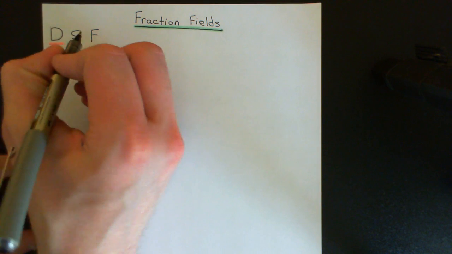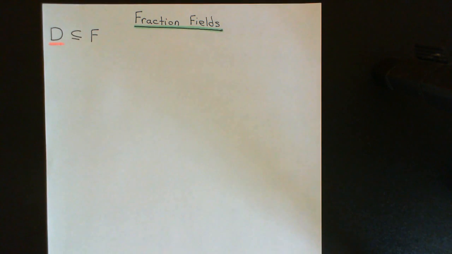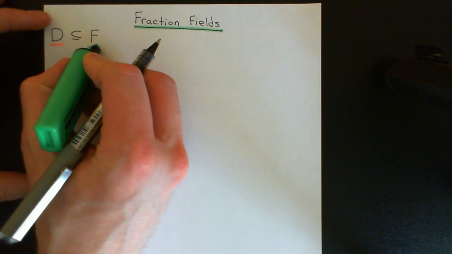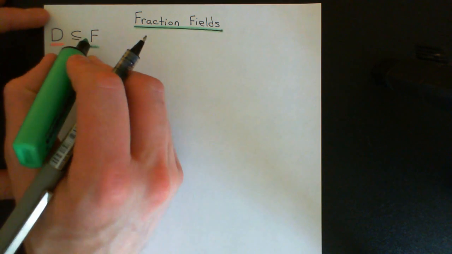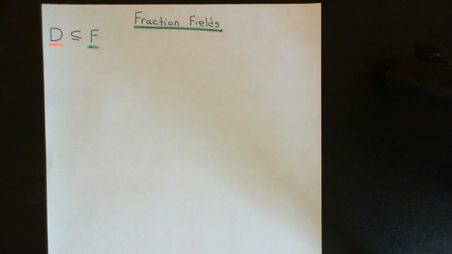So the integral domain will be contained within the fraction field, which is a field, of course. So we're going to show that any integral domain can in fact be thought of as sitting in a larger algebraic structure which is a field.